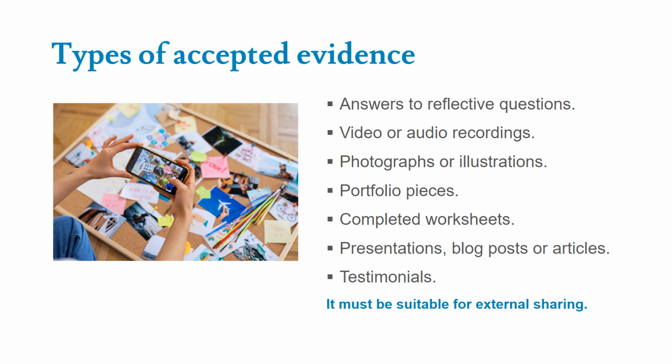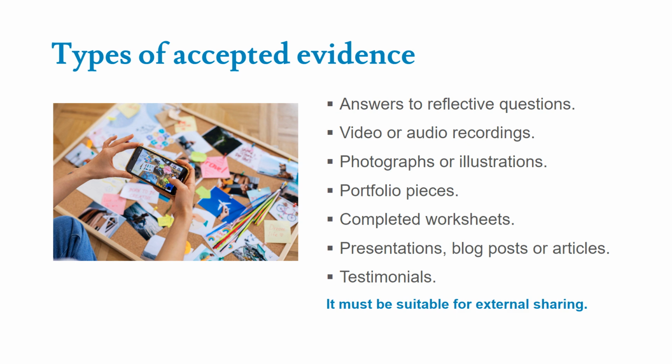Portfolio pieces demonstrate their work directly, while completed worksheets can show their thinking process. Some people prefer to write blog posts or articles about their experience or create presentations explaining what they've done. Testimonials from colleagues or managers can add weight to learner-supplied evidence.